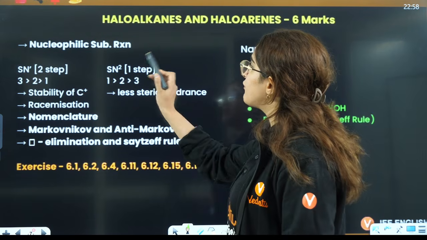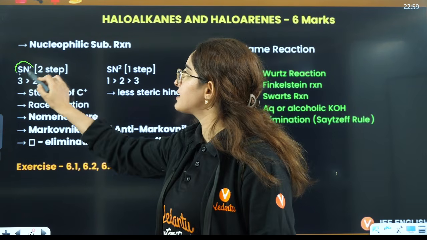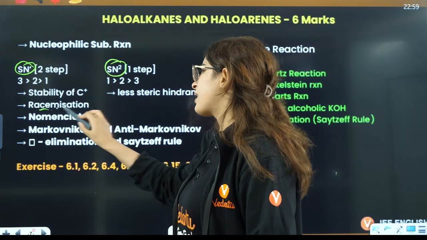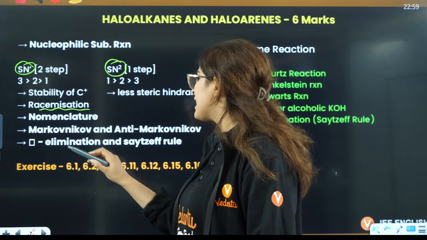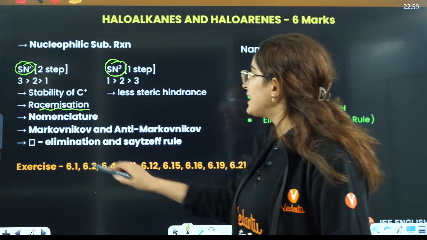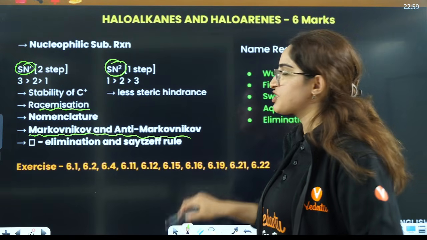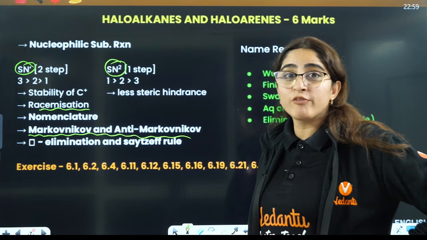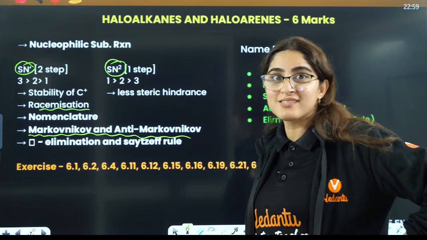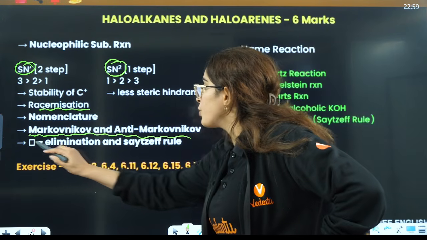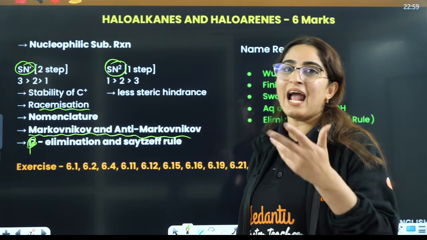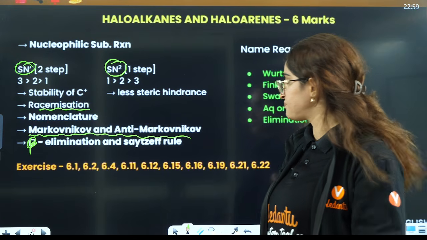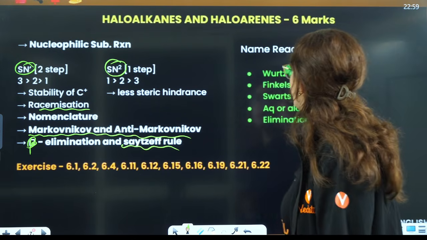So in nucleophilic substitution reaction, SN1, SN2 is asked firstly, right? Then they ask you which gives racemization, and so on. Then they ask you anti-Markovnikov addition. That means in a double bond, you add HBr, anti-Markovnikov or Markovnikov, what will be the answer, right? Then they ask you beta elimination, that after dehydration or dehydrohalogenation, Zaitsev product is formed, right?